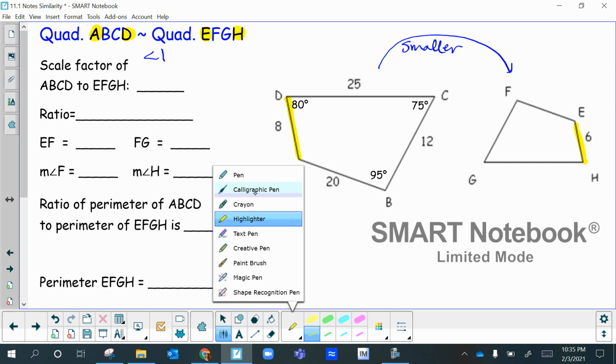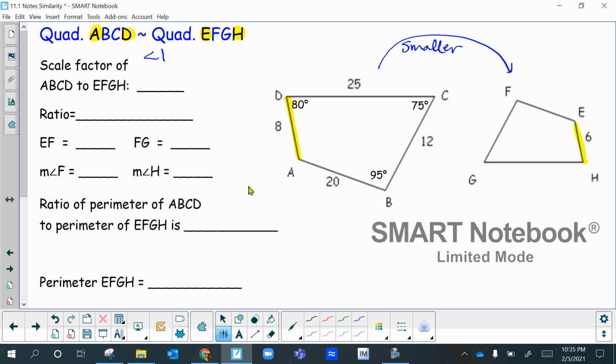Now, another great strategy is to redraw the figure so that it matches up. Like this one here, I would redraw it to make it look like this.